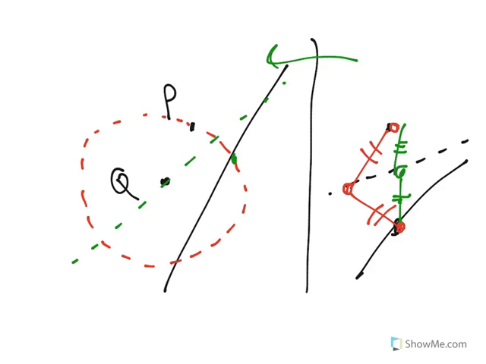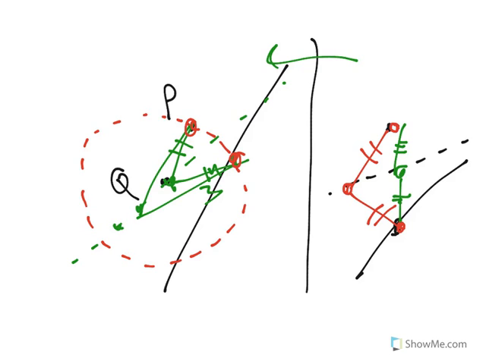Every point on this fold is the same distance from here as it is from here, and that includes point Q. But Q to P has a certain distance because Q and P were just given to us, so if that's like 3 inches or something, then Q to this other point will also be 3 inches. And then certainly these 2 points will be on the circle with Q as the center.